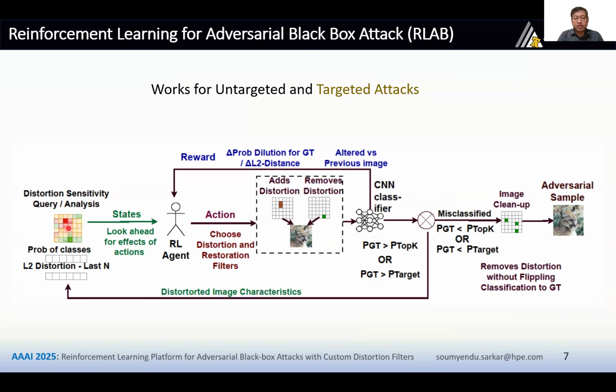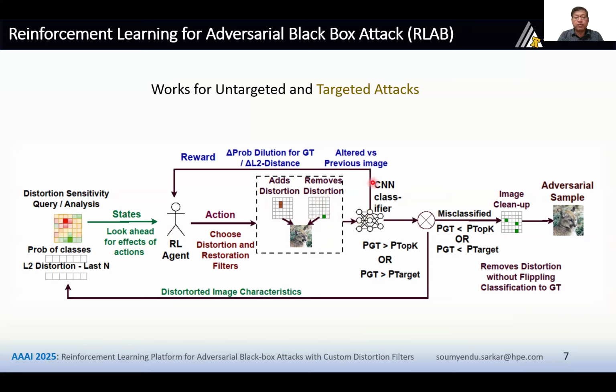Now, if you look at the reinforcement learning agent, here what is happening is the states, which are the sensitivity of adding or removing distortions, are helping the RL agent to take action. The RL agent adds distortion to certain block patches, and it removes some previously introduced distortion from certain patches.